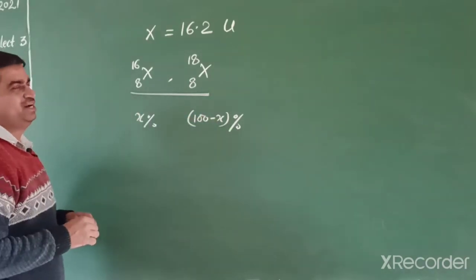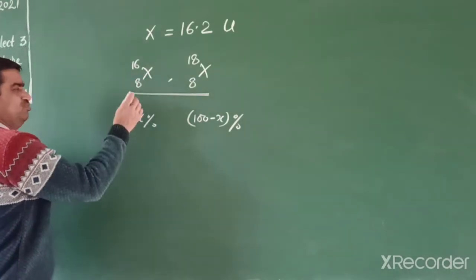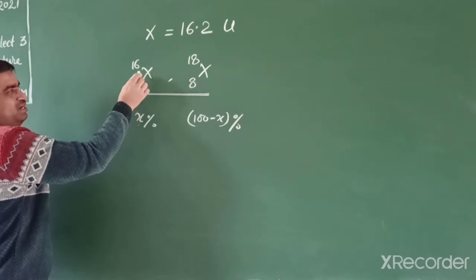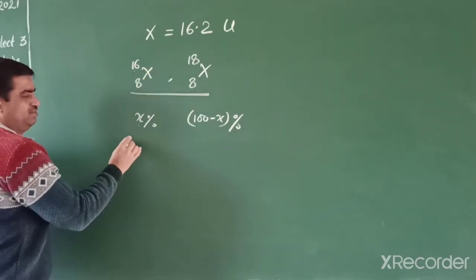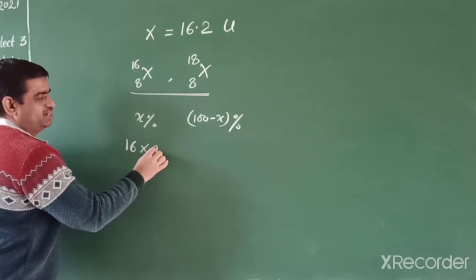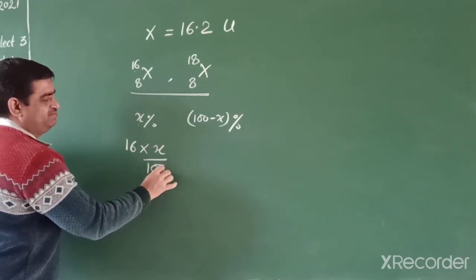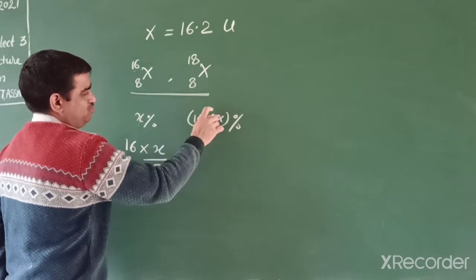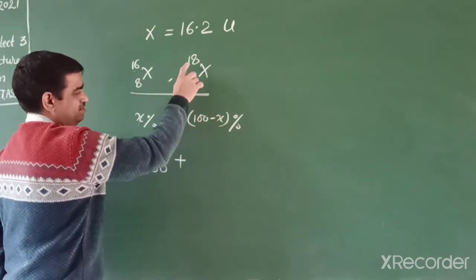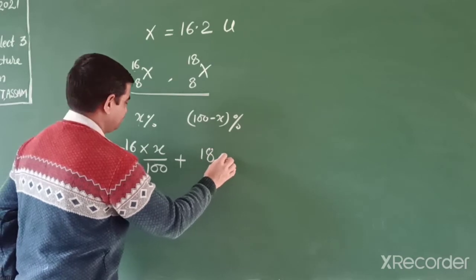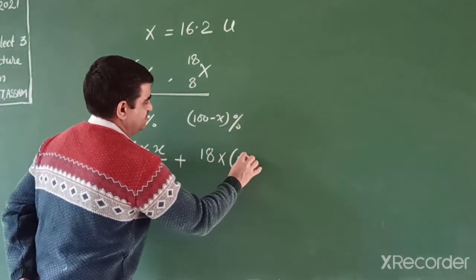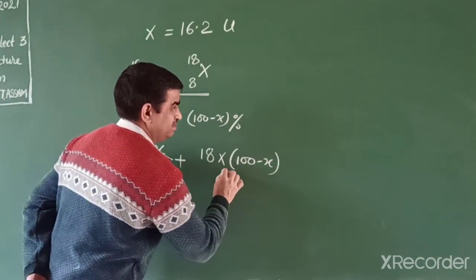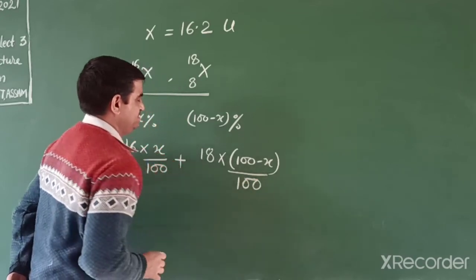Then we can easily identify it by making an equation. Those atoms in X% have mass 16. So 16 into X% divided by 100, we remove the percent sign, plus this isotope is found 100 minus X%, so it is multiplied by 18 into 100 minus X%, divided by 100.